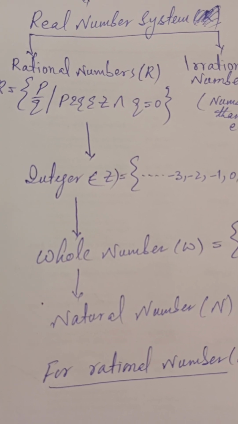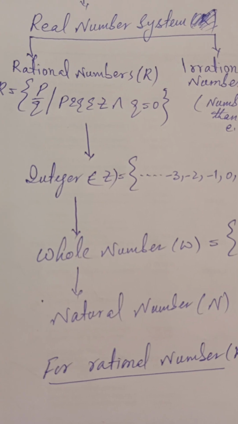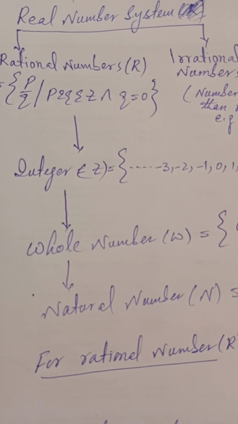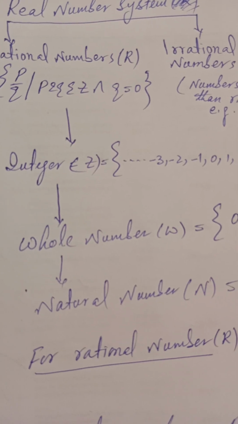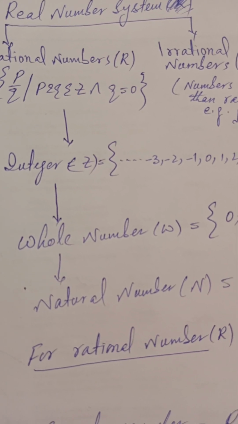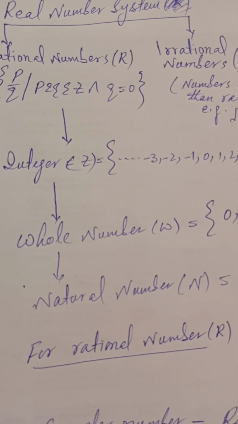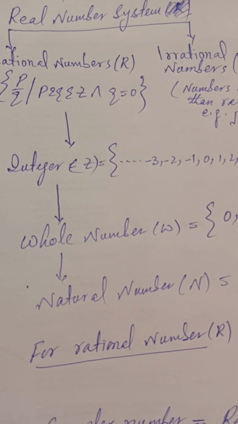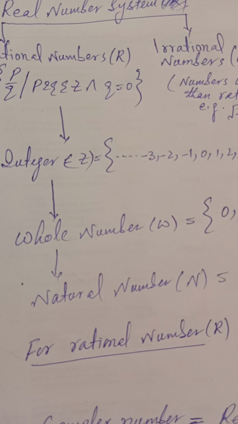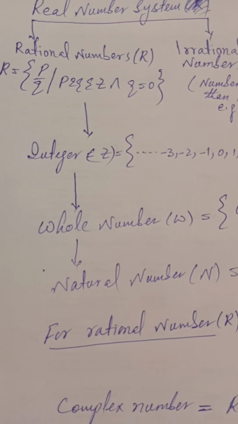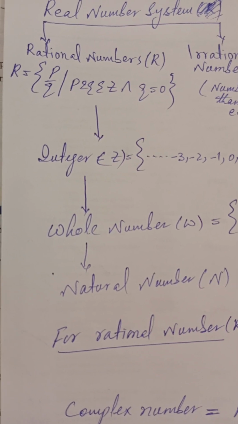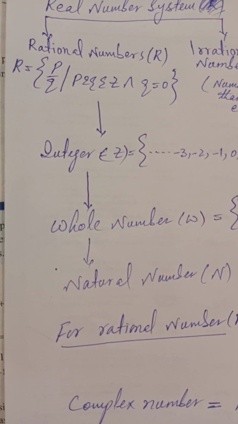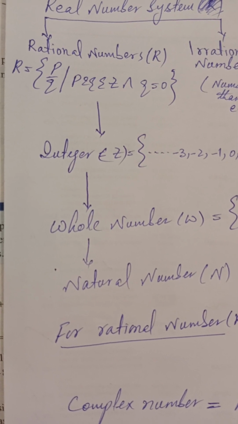It means that all the integers, natural numbers and whole numbers are rational numbers. A rational number is considered as a ratio. So all these numbers and ratios written in the form p upon q, where q is not equal to 0, are rational numbers.